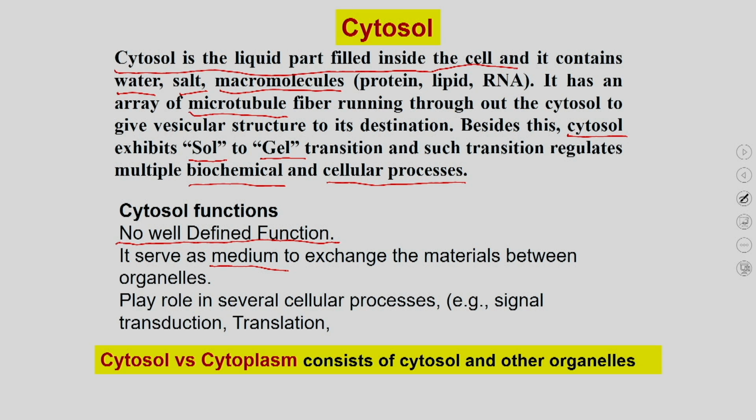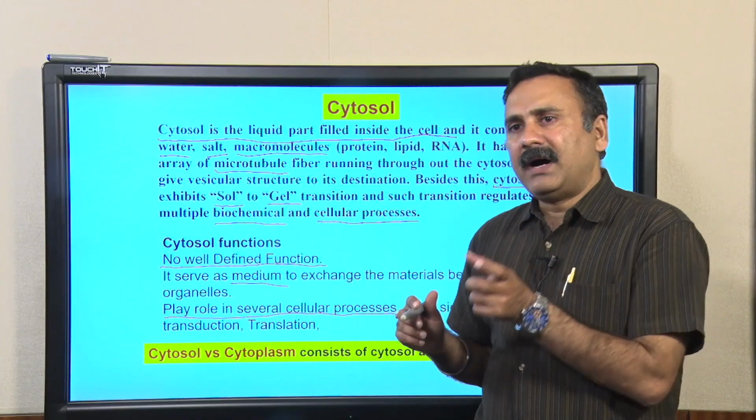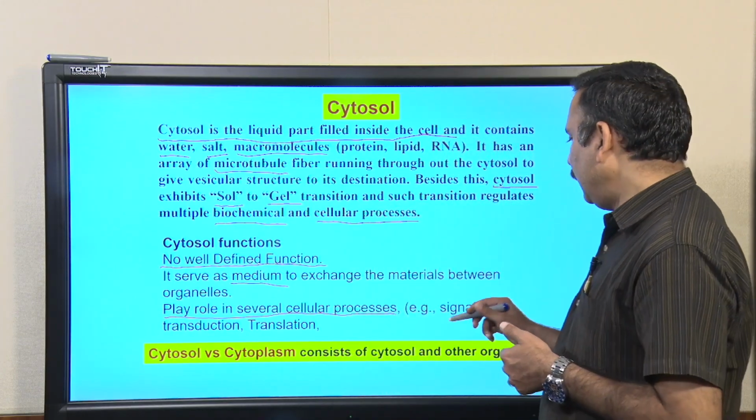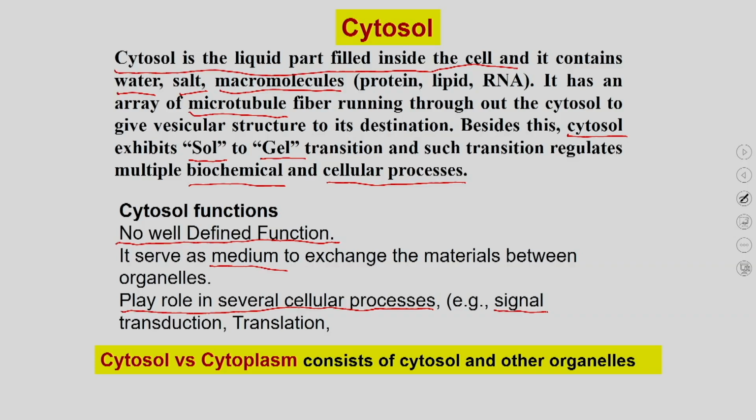It plays a role in various cellular processes, for example, signal transduction and translation. The RNA which is present in the cytosol is being translated by the translational machinery which is in the cytosol. Similarly, for signal transduction, as you know, the cells contain different types of receptors, for example, the insulin receptors.